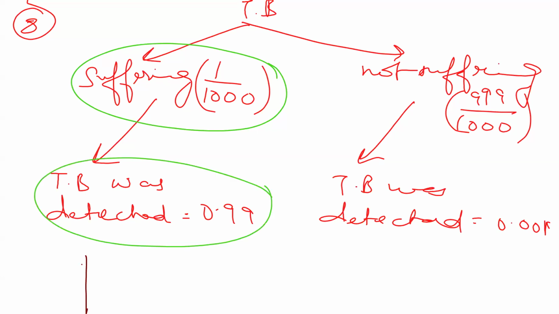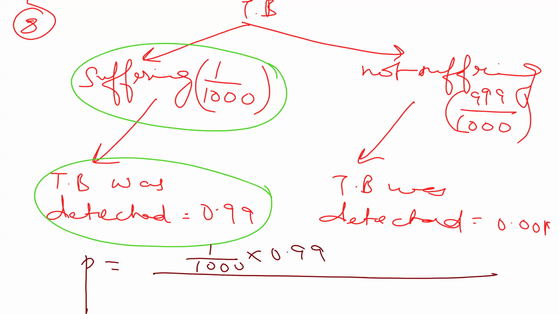So P is equal to 1 upon 1000 into 0.99 upon 1 upon 1000 into 0.99 plus 999 upon 1000 into 0.001. Specific case upon total number of cases.